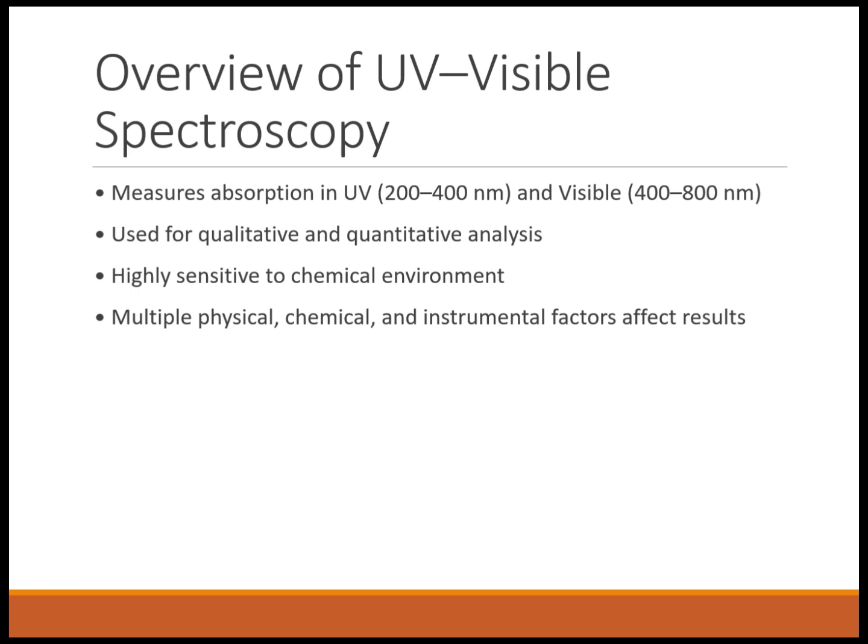UV visible spectroscopy measures how molecules absorb UV visible light. As light passes through a sample, certain wavelengths are absorbed due to electronic transitions inside the molecules.